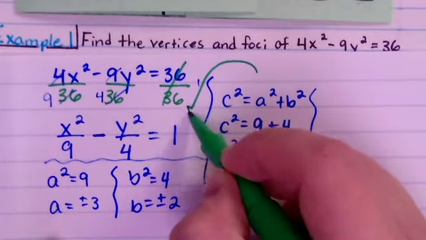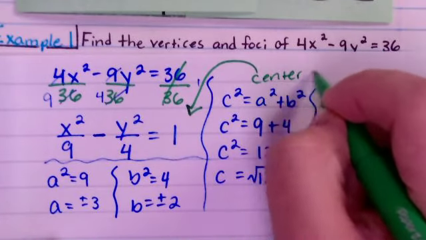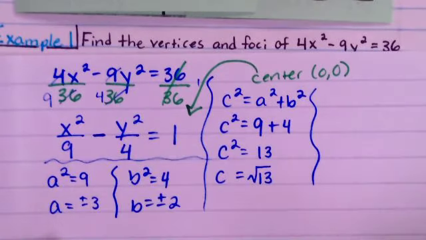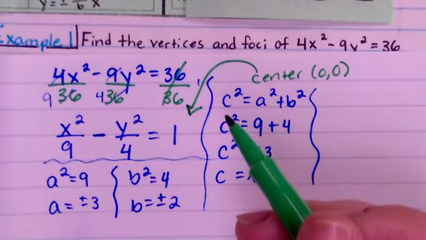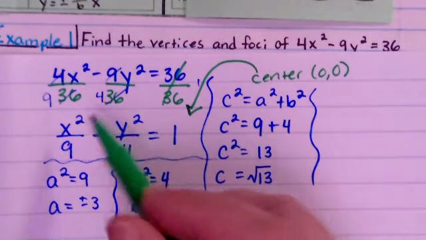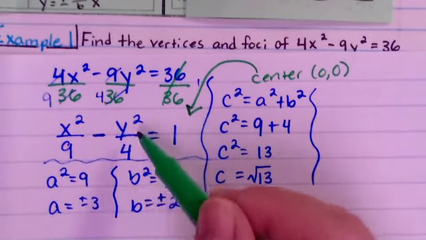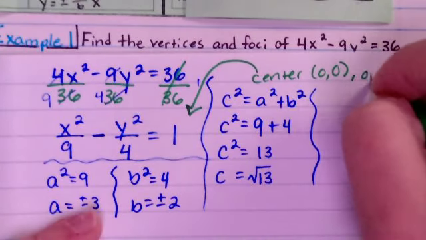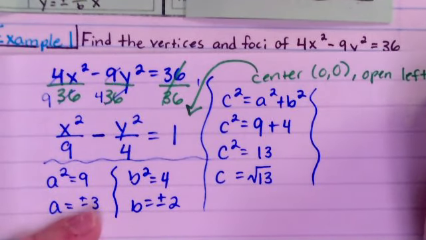So I'm seeing for these, this is center at 0, 0, because there's nothing added or subtracted in the numerator. I also can tell that this is going to be one of those that's going to open left to right, because it's the x squared that's written first, and then the y squared is the one with the negative that's being subtracted. So we're going to say open left, right.